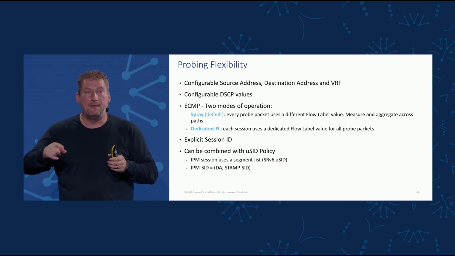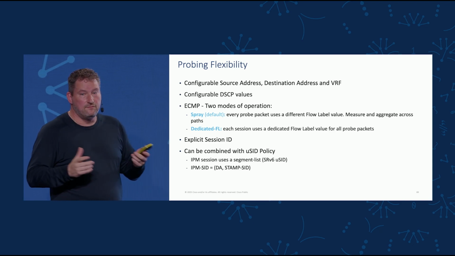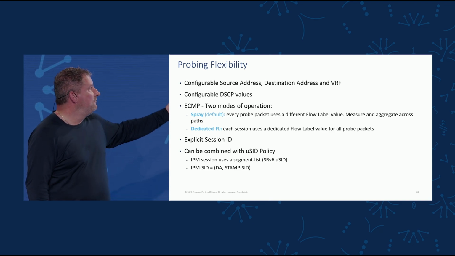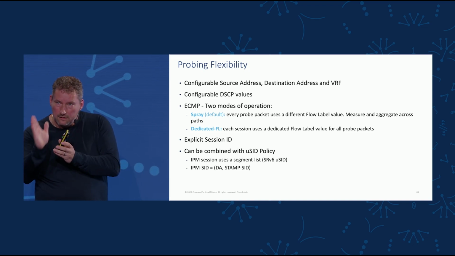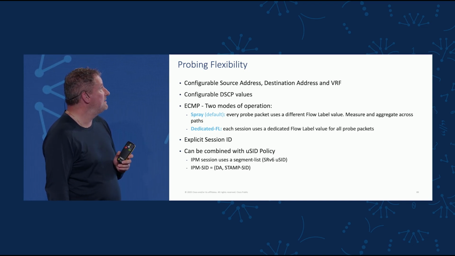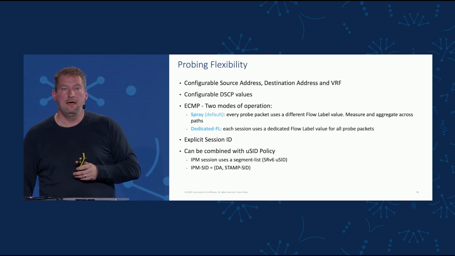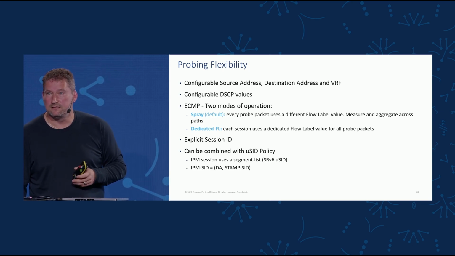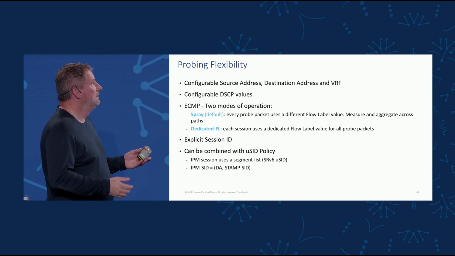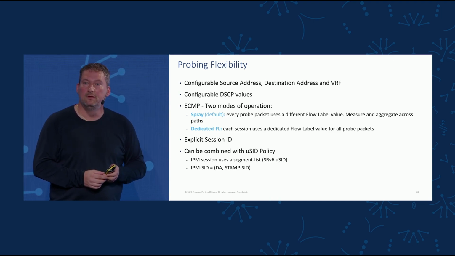So I want to know what is the exact experience for, say, an outlier. So I may have 4, maybe 6 different specific flow labels so that I can monitor all the subpaths. And then I may also have 2 or 3 different DSCP values, because obviously when there is congestion, the better DSCPs should be less prone to congestion.